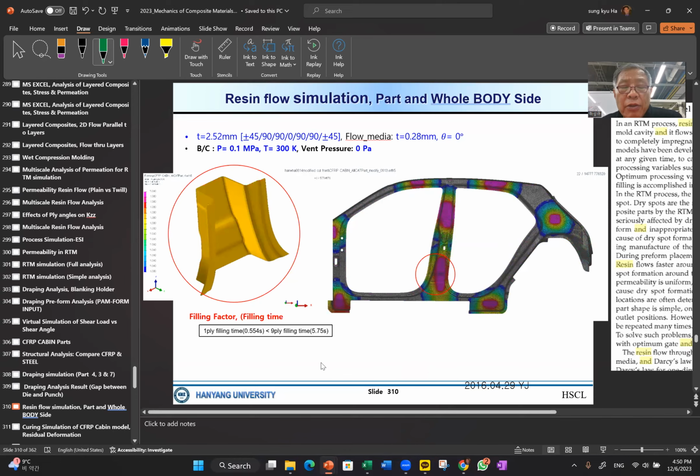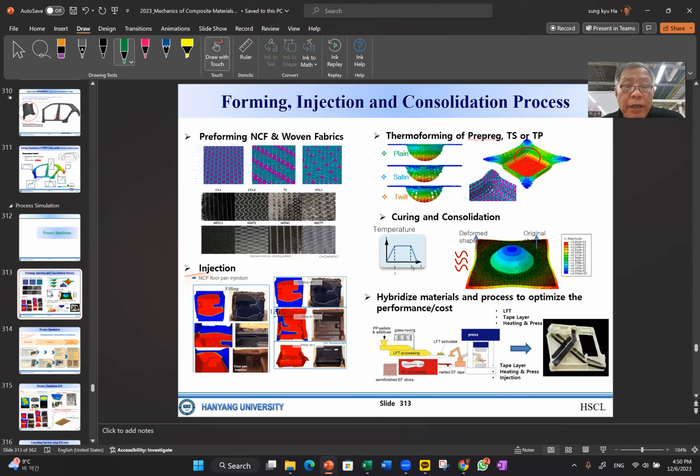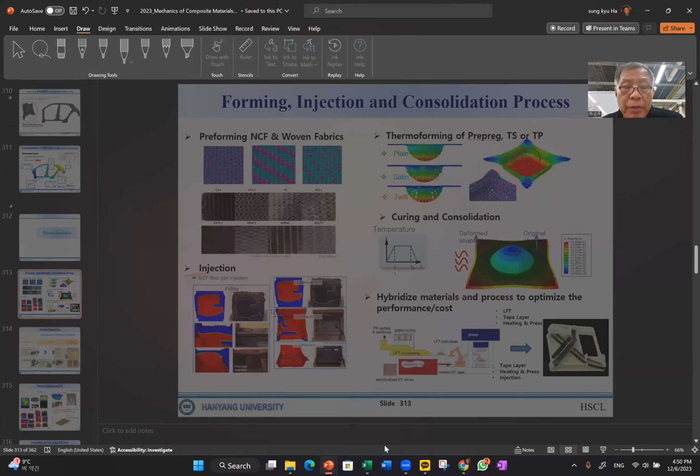This is through the permeation analysis, which we just did. So this is a resin flow simulation using all the permeability. We can analyze this using a very important tool called PAM Composite.